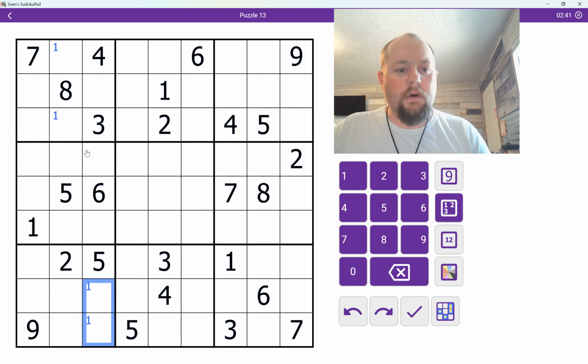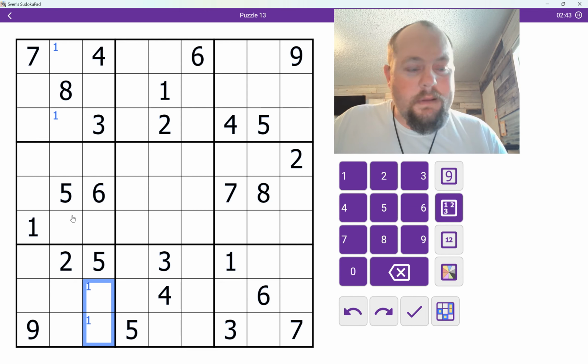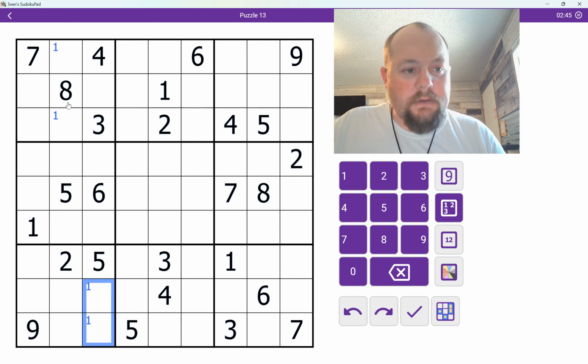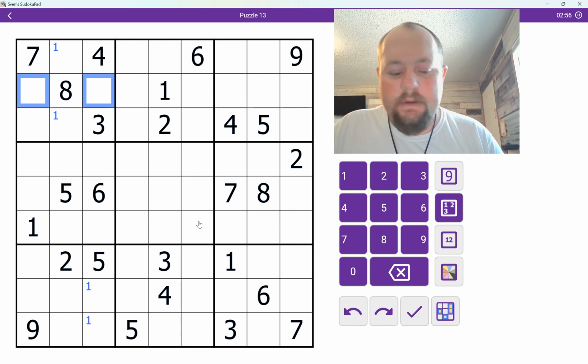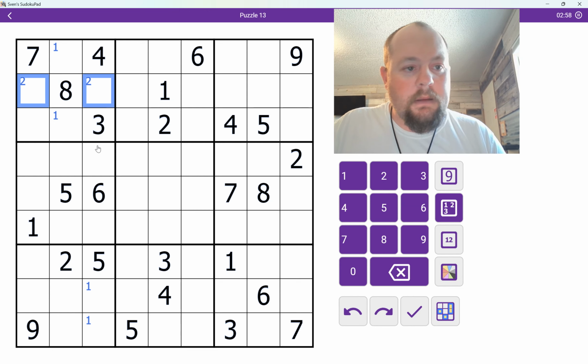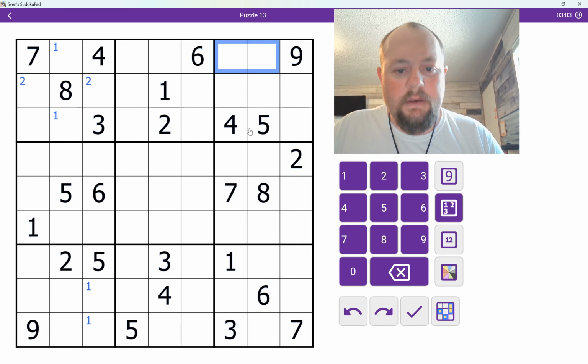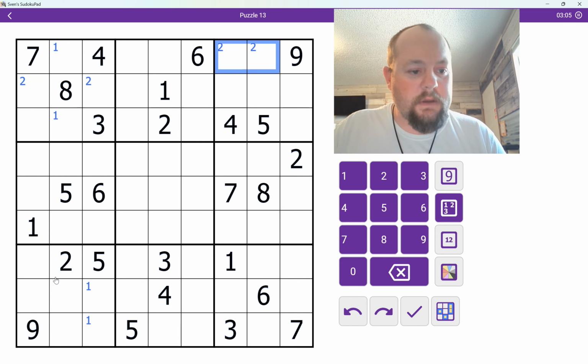You can do it several ways, but let's continue with this group of 3 boxes here. Let's look at 2's. This 2 looks up, and this 2 looks over. So now we have 2's pencil marked into those 2 spots. And this 2 looks over, and that 2 gives us a 2 in one of those 2 spots.